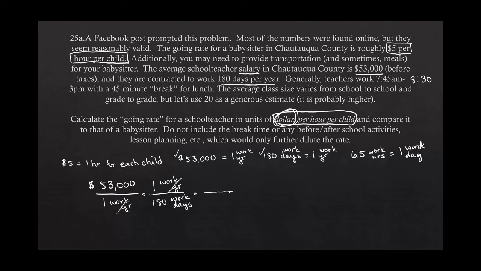And then we'll use our last conversion there. We see that 1 work day is equivalent to 6.5 work hours. I'm going to put the 1 work day in the top, so it'll cancel with the work day in the bottom I already have. 6.5 work hours in the bottom.